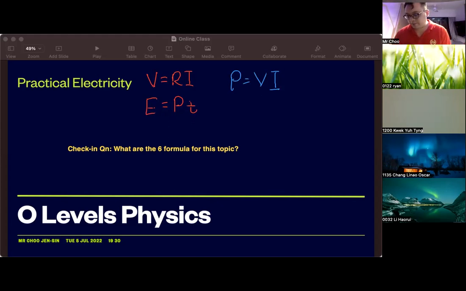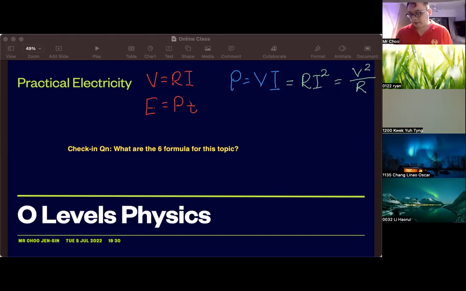And if we substitute V equal to RI, I'll get RI squared, as well as we can get V squared over R. Am I right to say that? So all the green formulas can be derived from the red and the blue formulas.